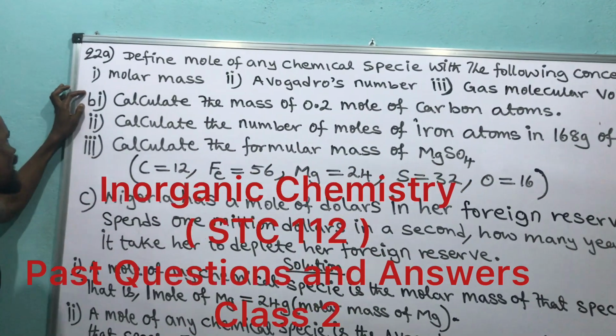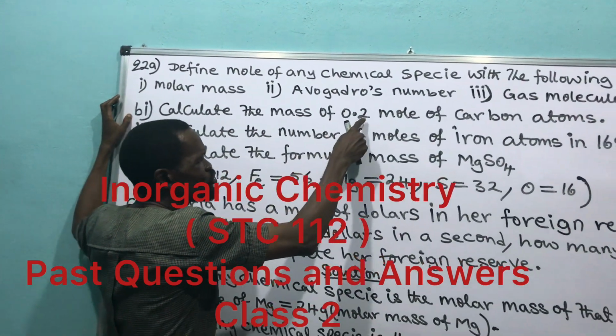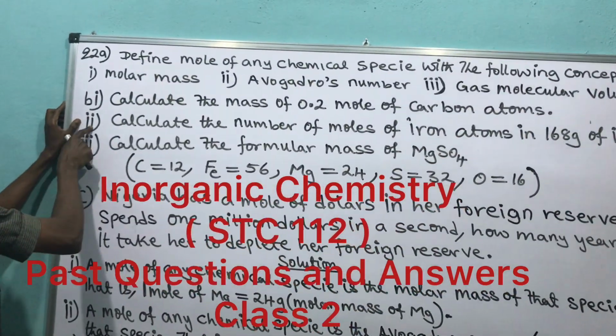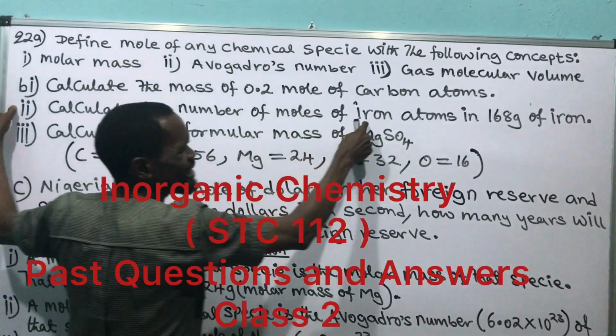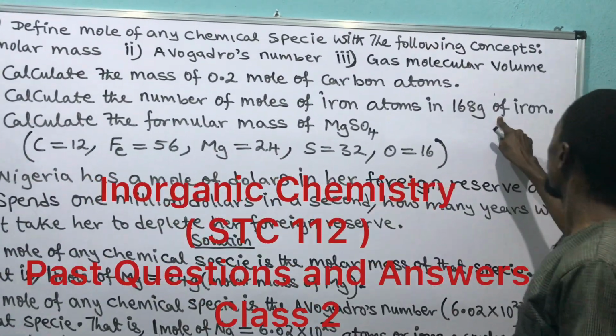Then B, I, calculate the mass of 0.2 mole of carbon atom. II, calculate the number of moles of iron atoms in 168 gram of iron.